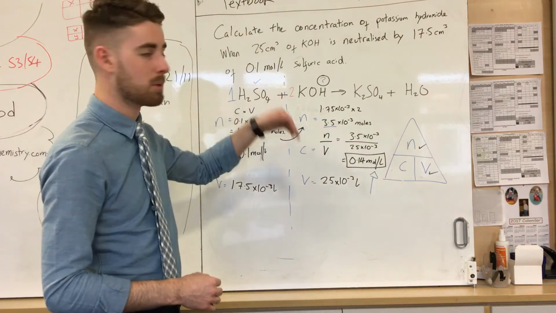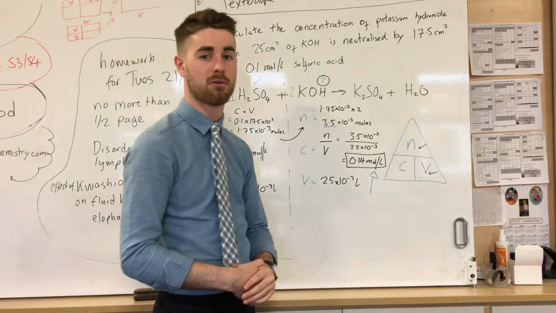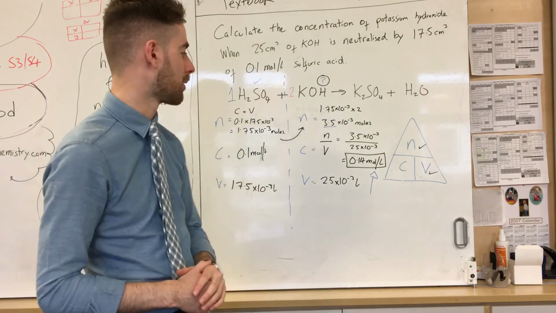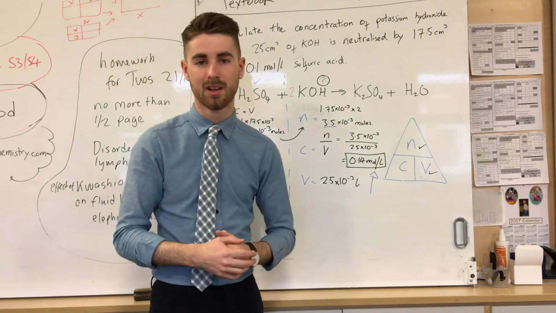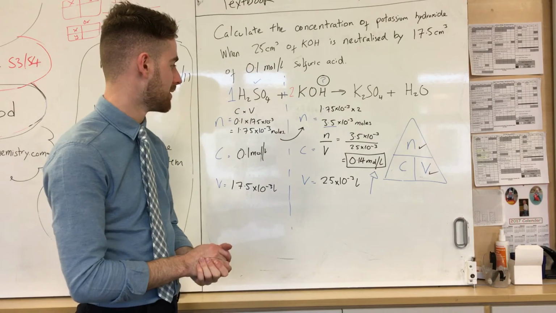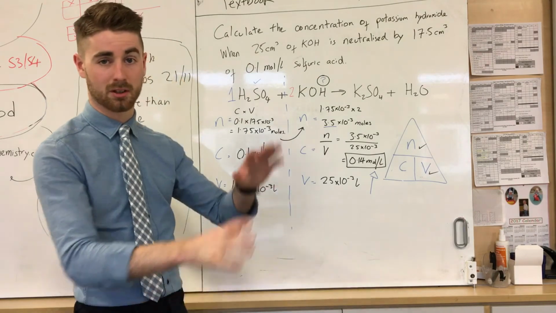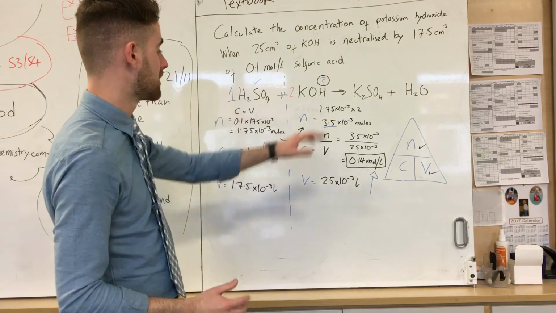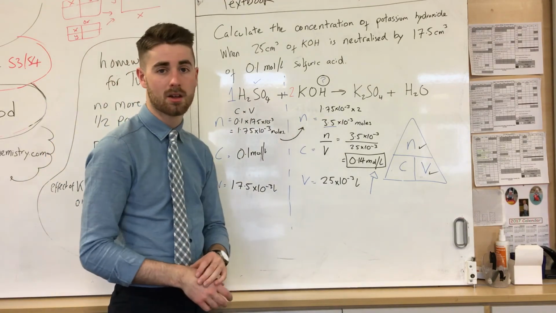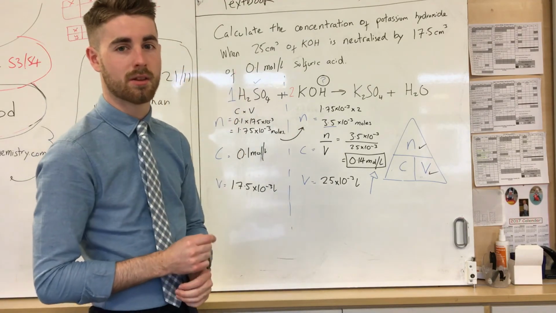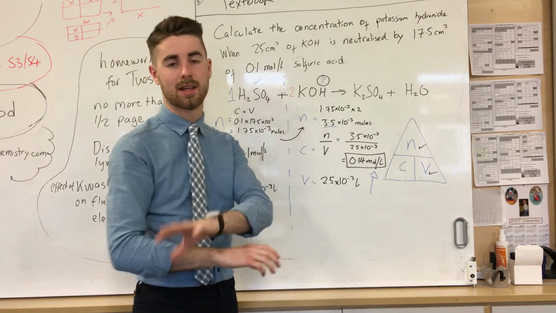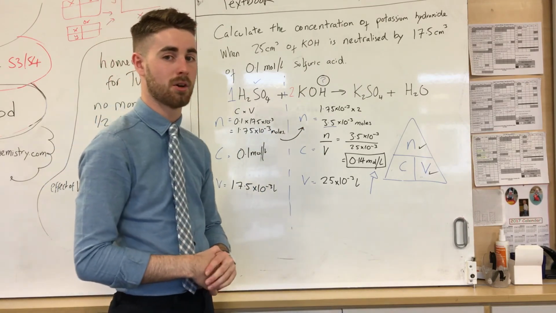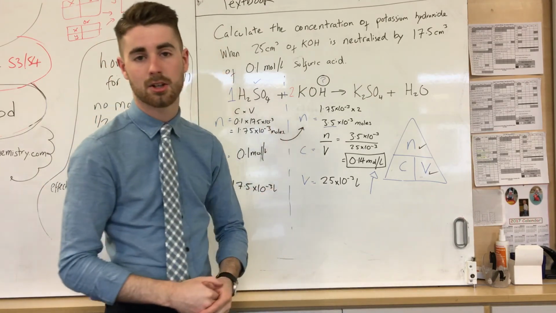However, the error would carry through, so you would still get 2 out of 3 marks. Let's say this was a 3-mark question, so it's really important to show your working and not just to write the final answer. So don't plug into a calculator, lay it out like this, which means the examiner or the person who's marking it will be able to see, okay, what has this person done? Okay, they've made a wee calculation error there, however, this is right, and then this is carried through, so they'll still get the marks for it, okay? So that's volumetric titration calculations.